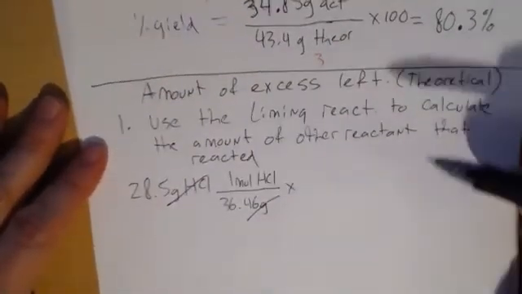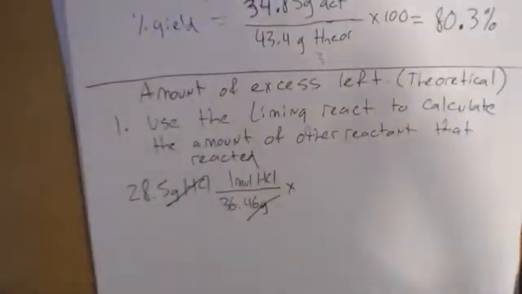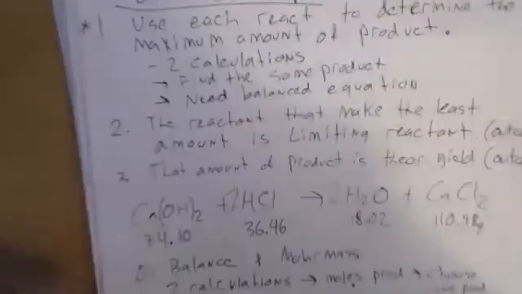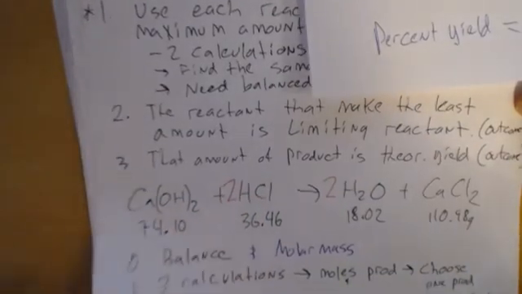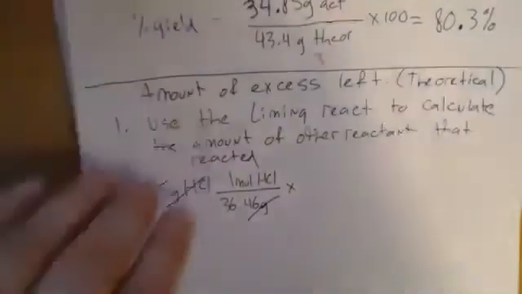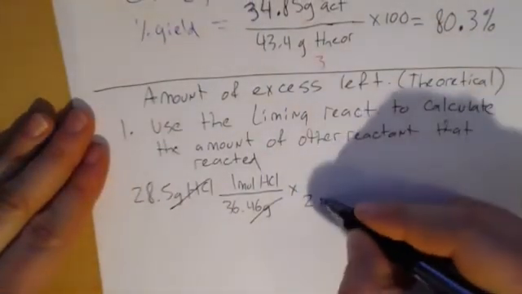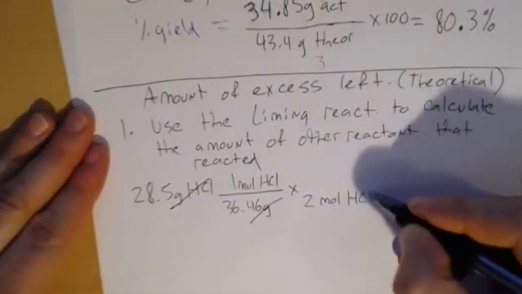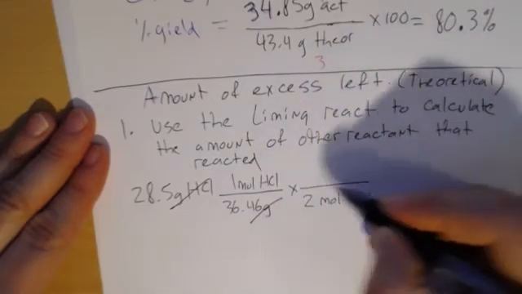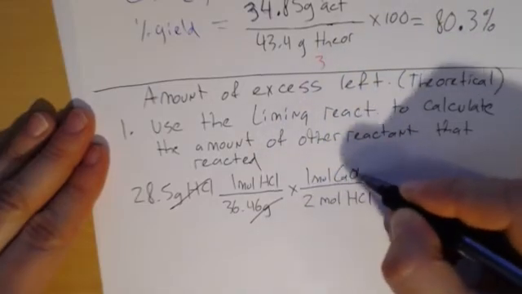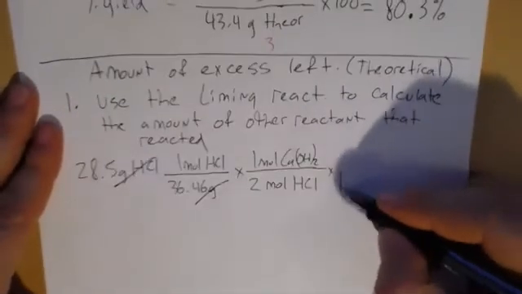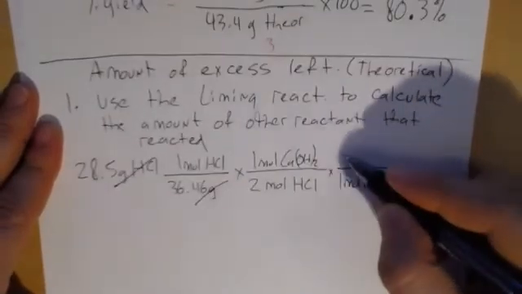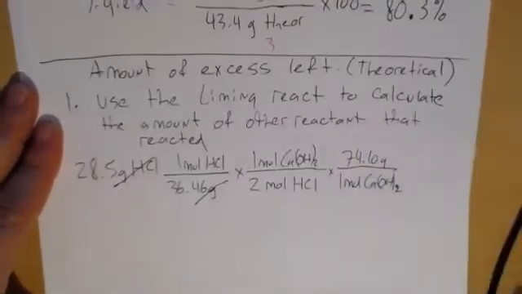Then I need to use the mole ratio. Where's my mole ratio? Way back up here. 2 moles of HCl react with 1 mole of calcium hydroxide. I'm going to plug that in here. 2 moles of HCl react with 1 mole of calcium hydroxide. And 1 mole of calcium hydroxide is 74.10 grams.